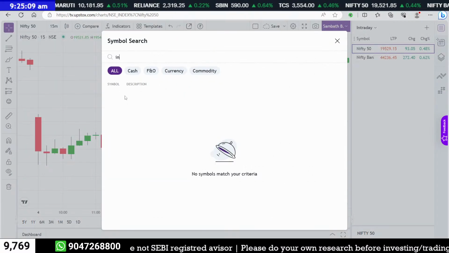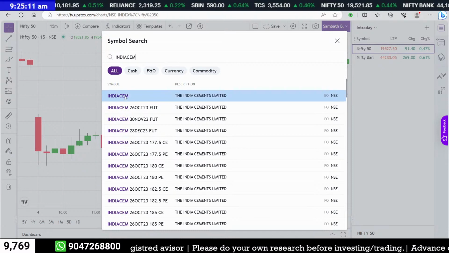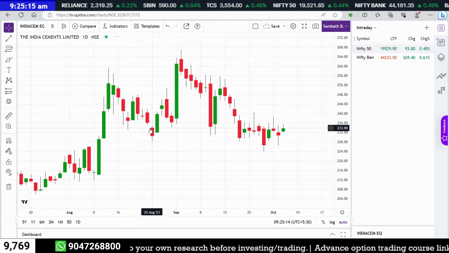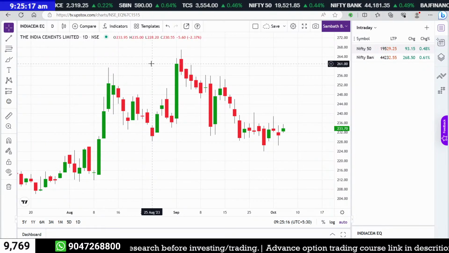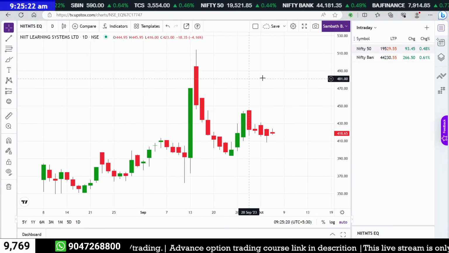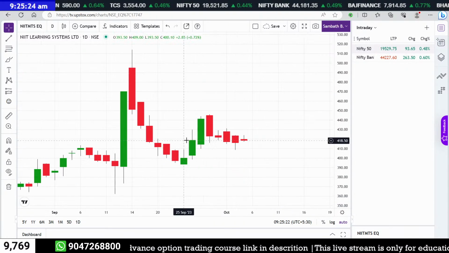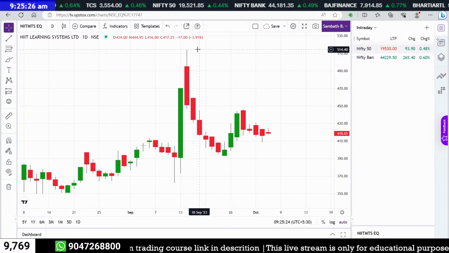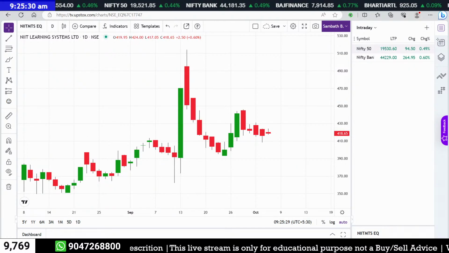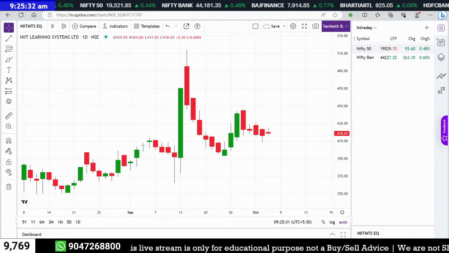Flat, very flat. Yes, that would be good opportunities.